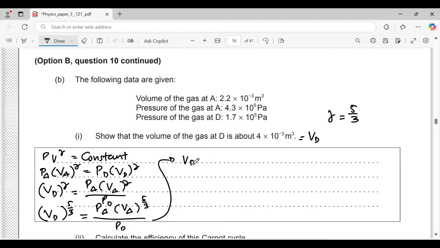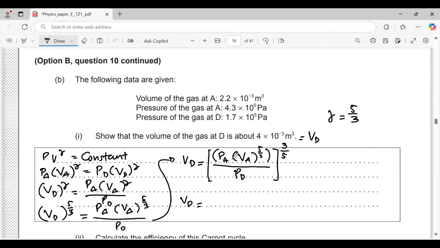So V_D equals P_A times V_A to the power 5/3 over P_D, and all of this fraction is to the power 3/5.